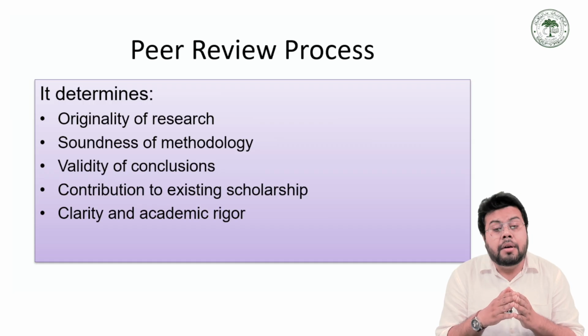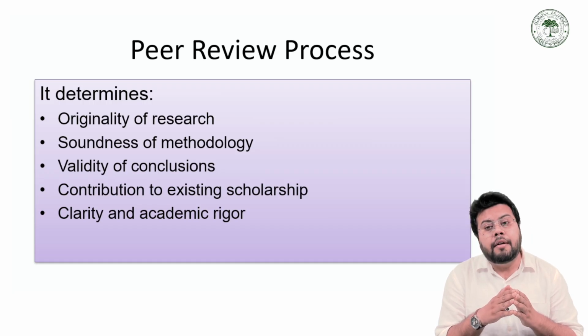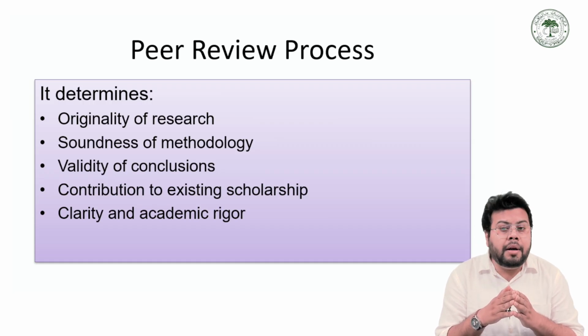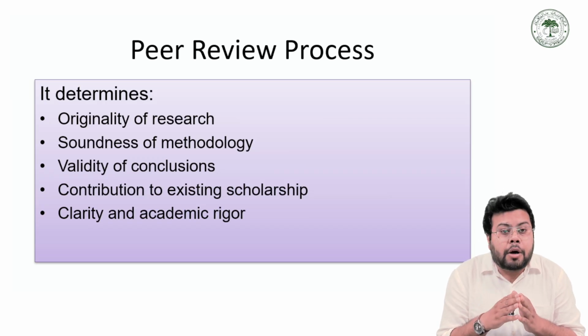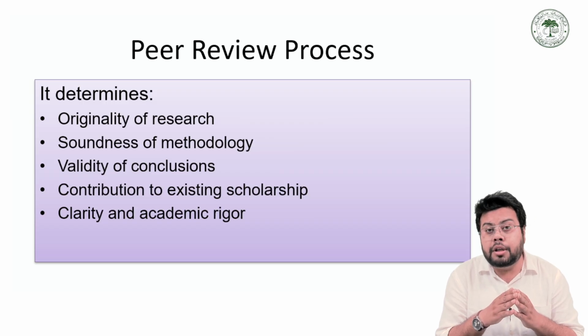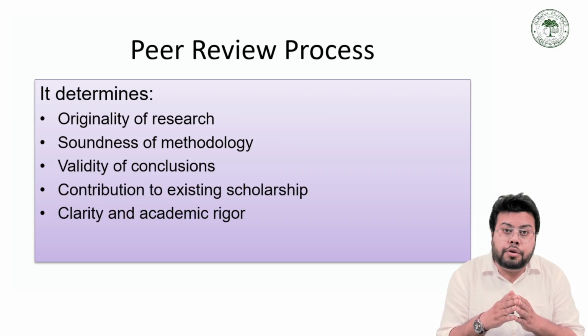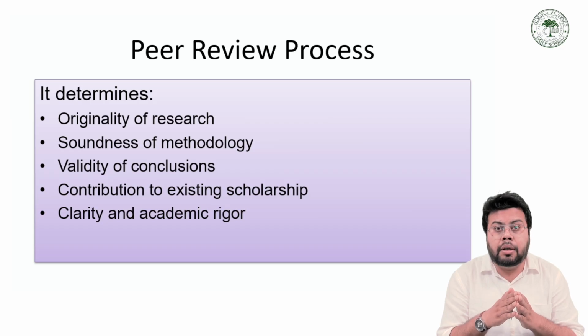Before publication, research is examined by experts in the same field who evaluate the following points: the originality of the research, how original the research is; the soundness of the methodology, how clear the methodology is; and the validity of conclusions, whether the conclusions made by the author are validated by the arguments and by the facts or not.